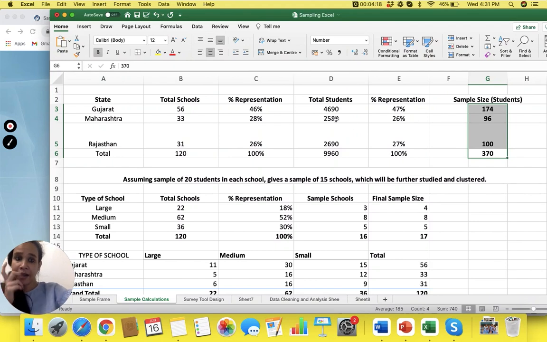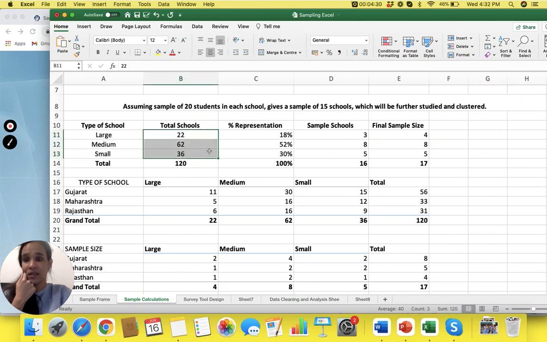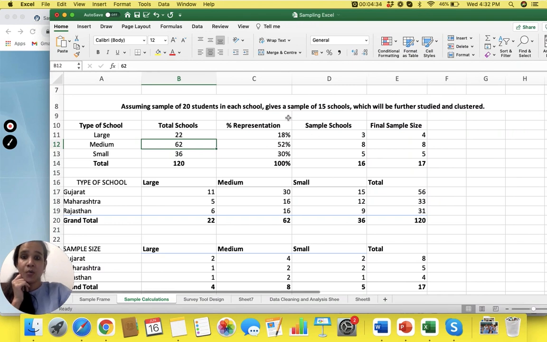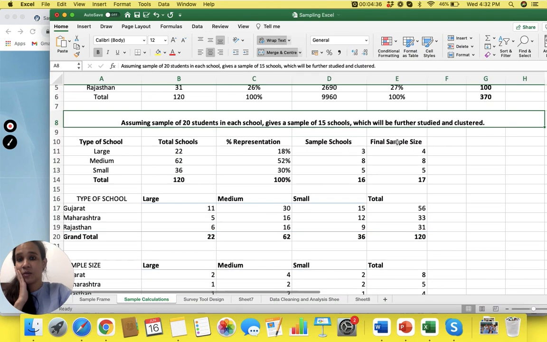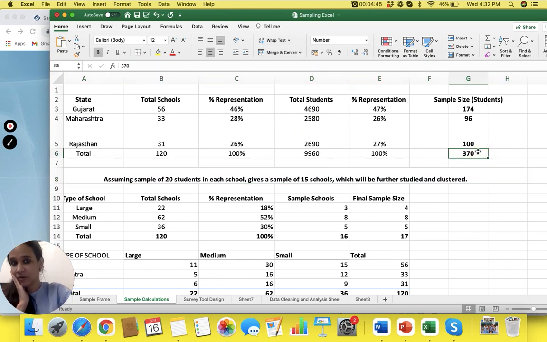Now, what we also want to do is ensure that we have a mix of large schools, medium schools, and small schools. If we look at the total schools, we see that the highest representation is from medium schools. So assuming that in each school we take around 20 students, we will have to choose 15 schools because our earlier number was 300.